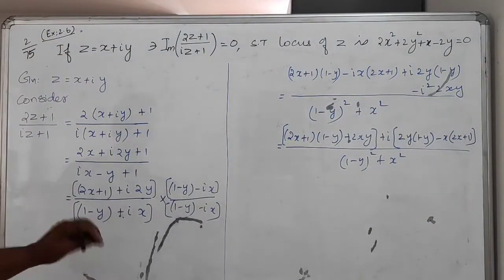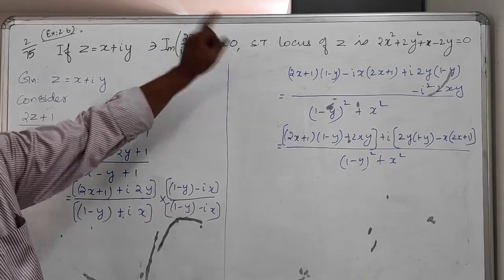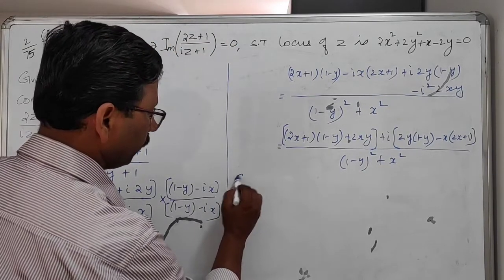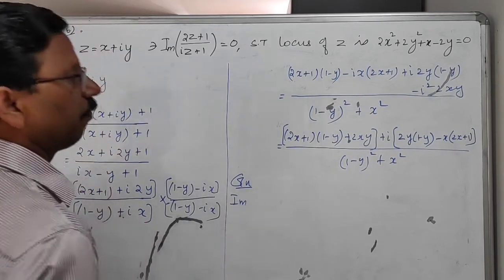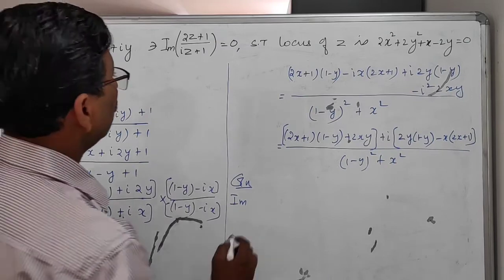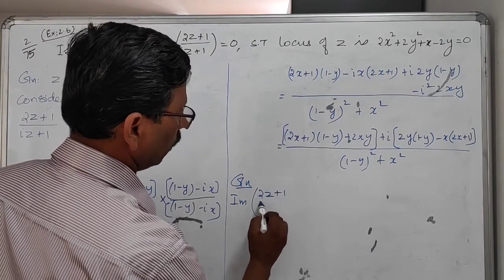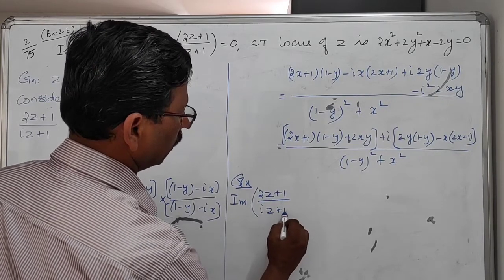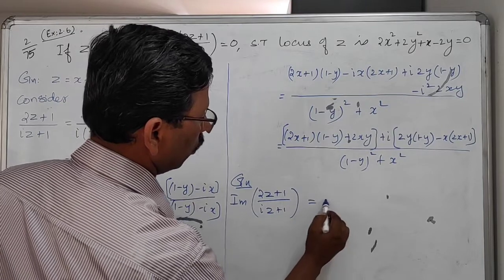imaginary part. Now the question is given as: imaginary part of 2z plus 1 by iz plus 1 equal to 0. Given, imaginary part of which one? 2z plus 1 by iz plus 1 equal to 0.